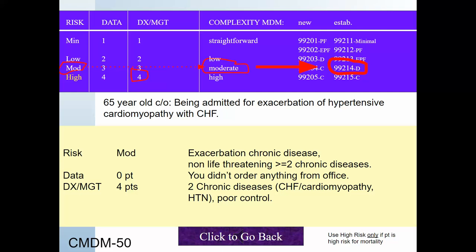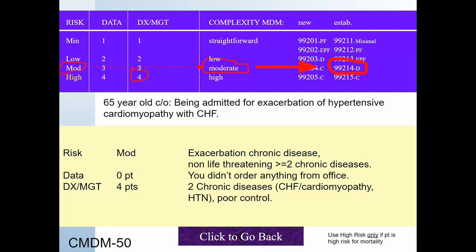It's non-life-threatening because we haven't documented that it is life-threatening, and if we don't document that it is life-threatening to the coders, it's non-life-threatening. Let's hope that by the end of the day, or by tomorrow, it's not life-threatening after some diuretics. But in this particular case, it's moderate risk because, again, we say it's moderate risk, and we say it is an exacerbation of a chronic disease.